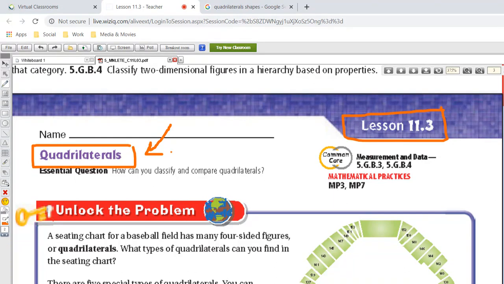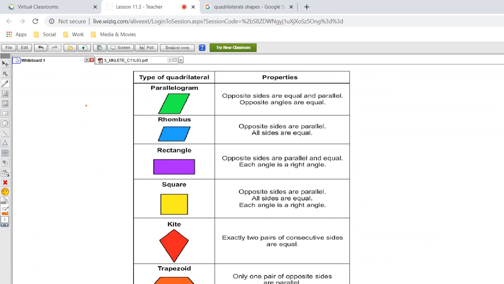Okay, let's have today some shapes about quadrilateral. We have many shapes and we can call them quadrilateral. So the first one is parallelogram.